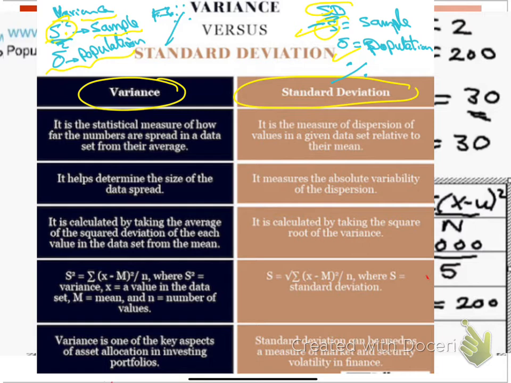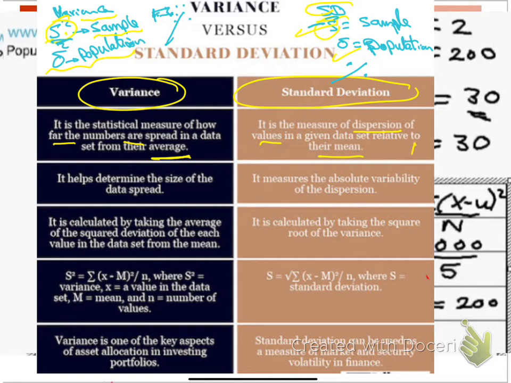So coming to this comparison which we have, the variance is a statistical measure of how far the numbers are spread, because this is squared, how far they are spread in the data set from their average, okay? But the standard deviation is the dispersion of the values in a given data set relative to their mean, okay?